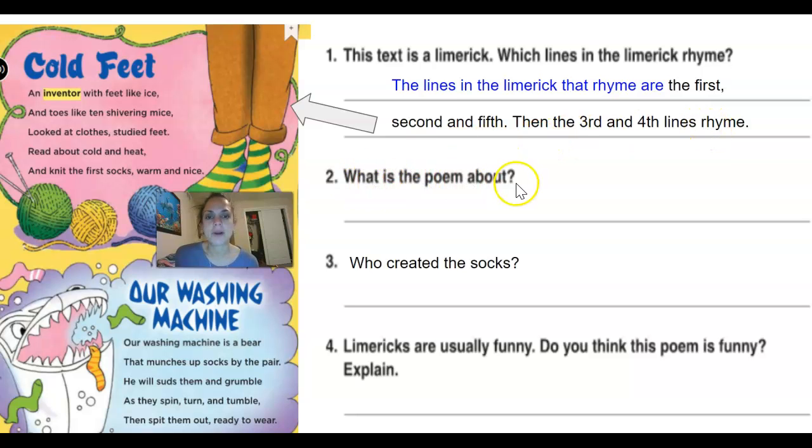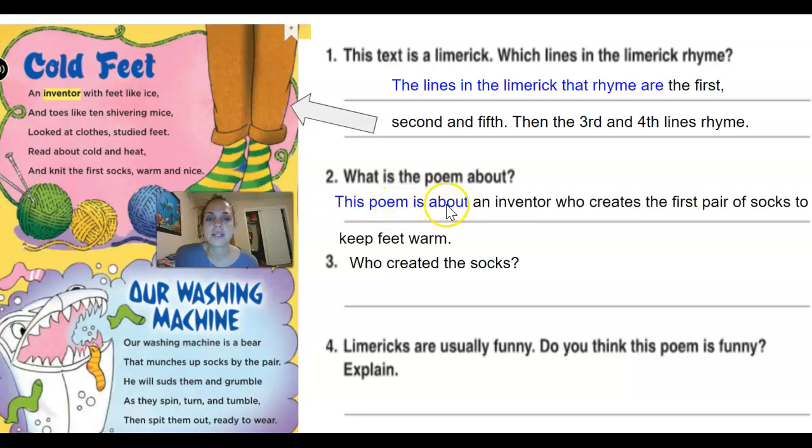What is the poem about? Again, cross off your question words. What is? Now think about how you can use these words to form a complete sentence. The poem about? That doesn't make sense. This poem is about, well, it's about an inventor who has cold feet and invents the first sock.